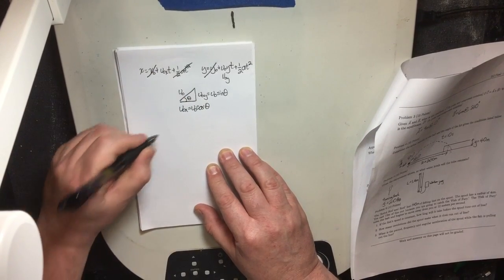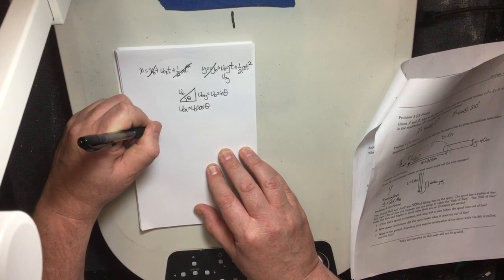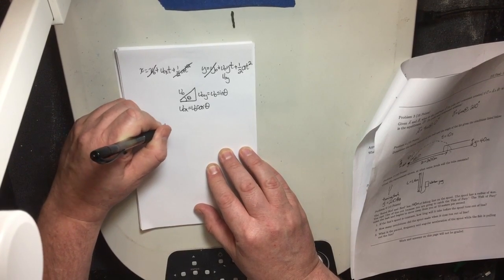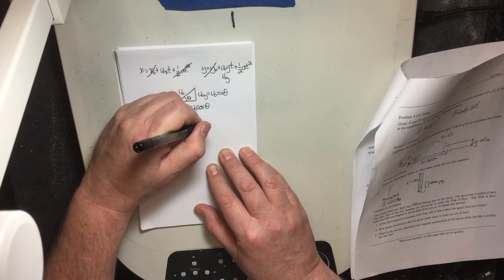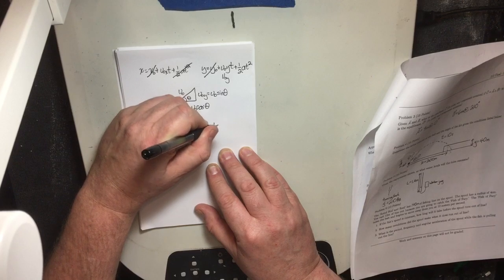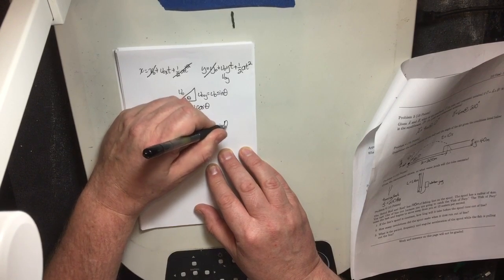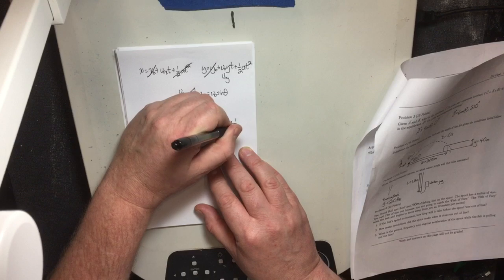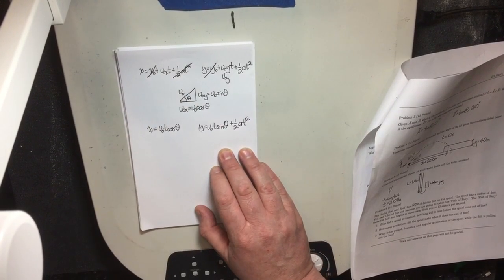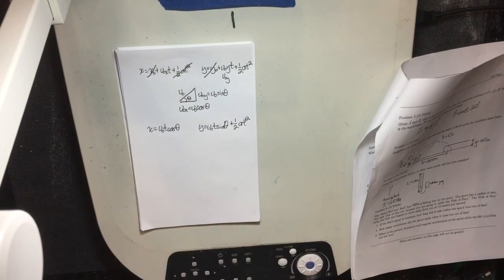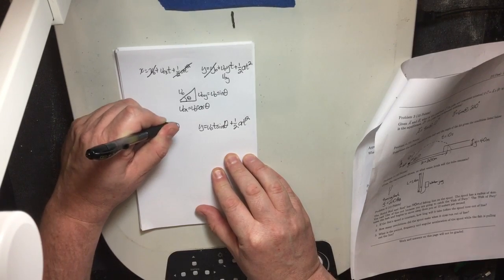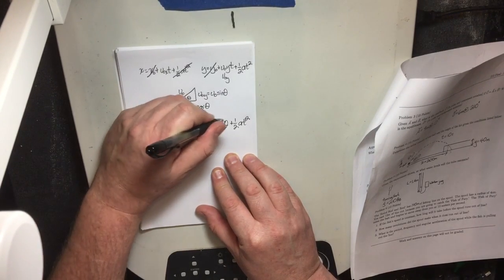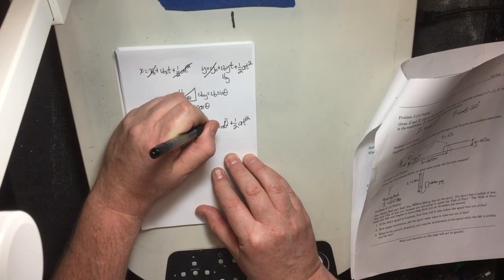So x is v naught t cosine theta, y equals v naught t sine theta plus 1/2 a t squared. Everything marked unknown above, everything marked below is known. x and t are knowns, v naught and theta are the unknowns.